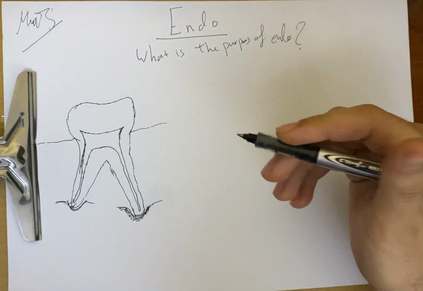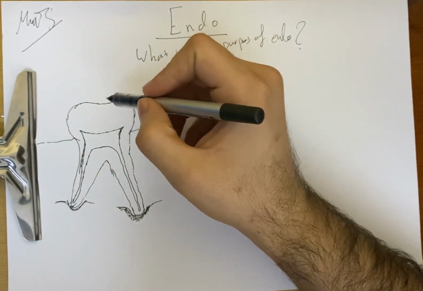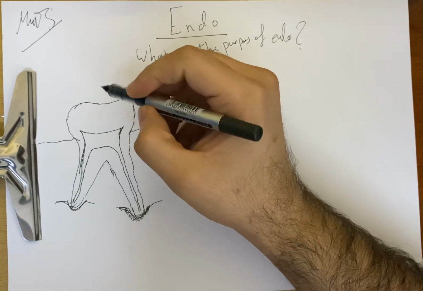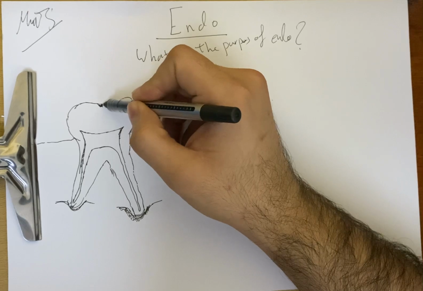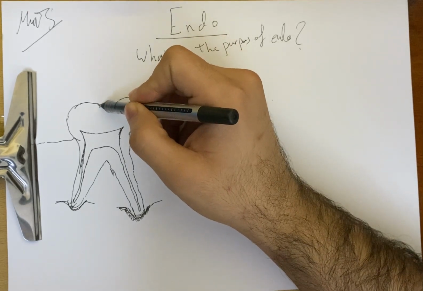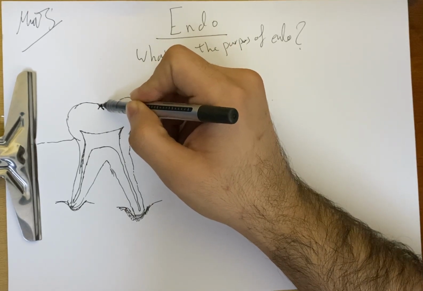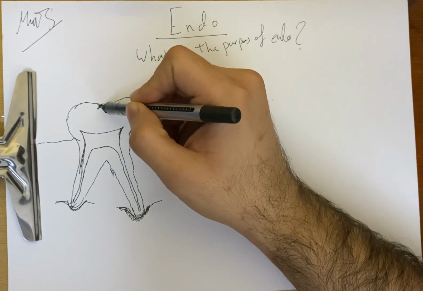So here's the classical story. The bacteria starts here at the fissures of the tooth or whatever. It comes and it multiplies, and we have a decay.